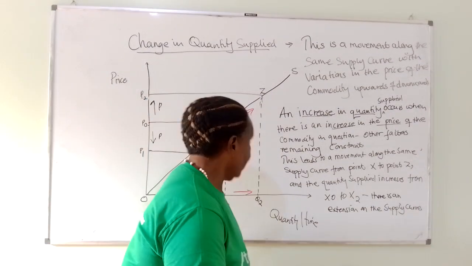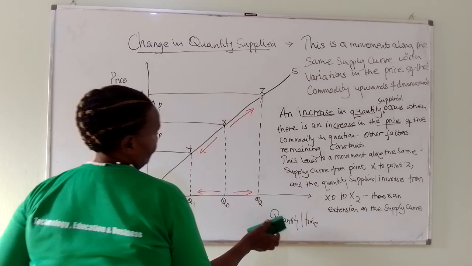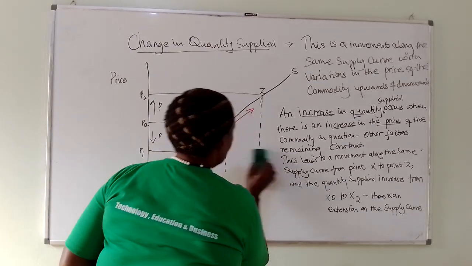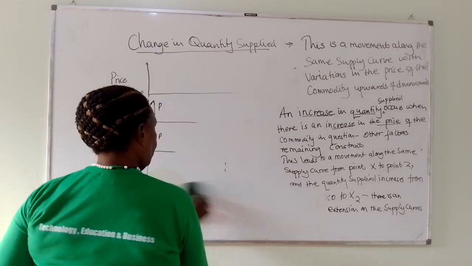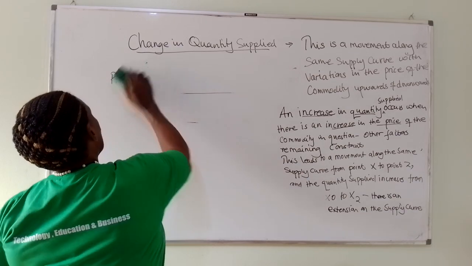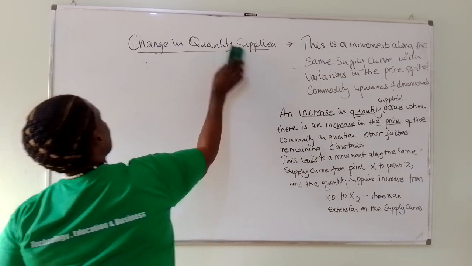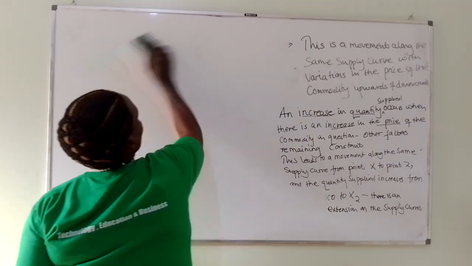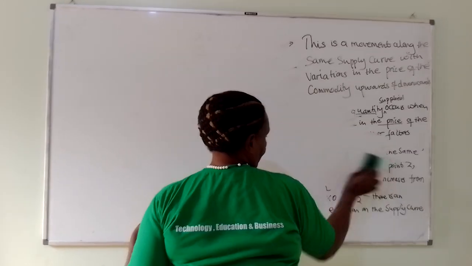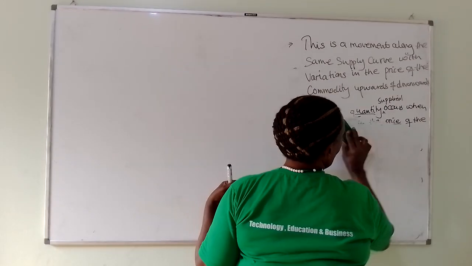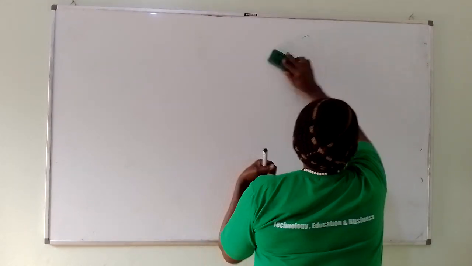Now let's look at the change in supply. How can we illustrate it, and how can we interplay with other factors which affect supply in order to have either an increase in supply or a decrease in supply.